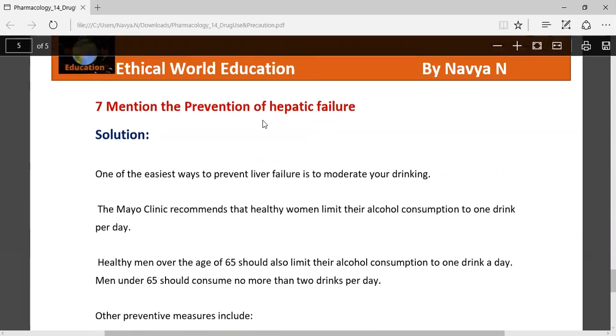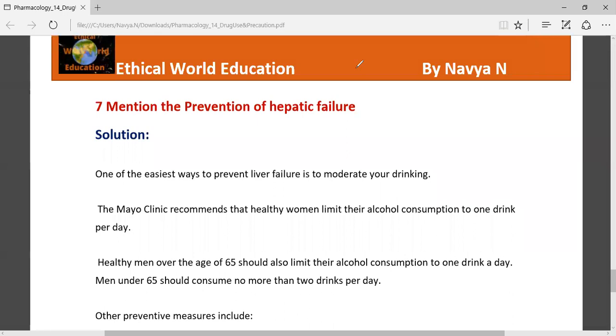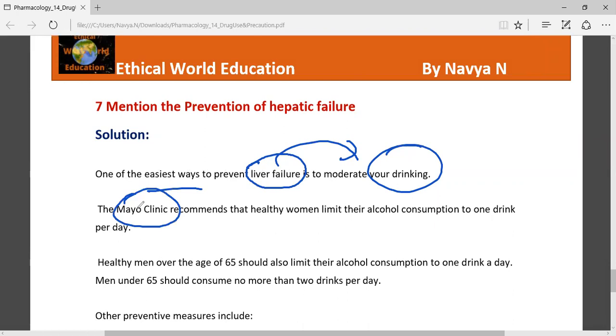Now the next concept is prevention of hepatic failure. One of the easiest ways to prevent liver failure is to moderate drinking. The Mayo Clinic recommends that healthy women limit their alcohol consumption to one drink per day.